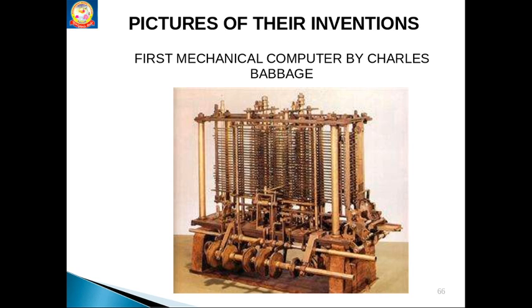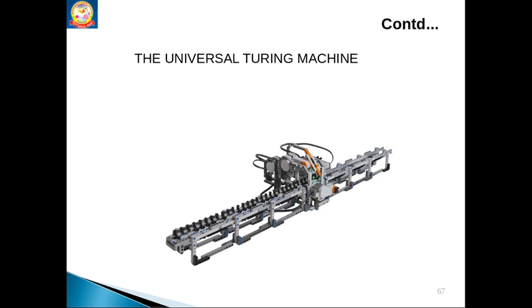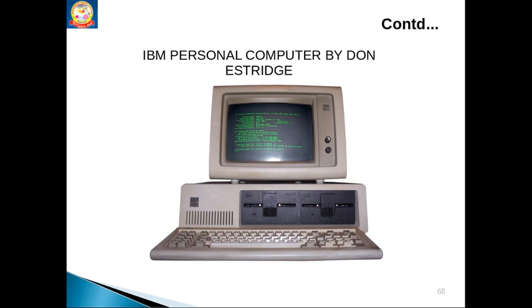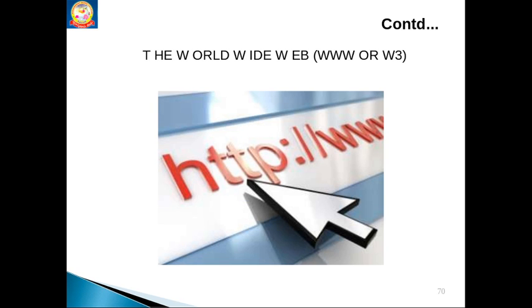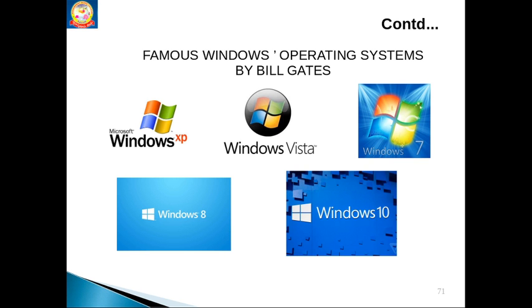Now let's see pictures of their inventions also. The first mechanical computer by Charles Babbage. This computer looks this way. The Turing machine. This is the IBM personal computer by Don Estridge. Google search engine by Larry Page. World Wide Web.